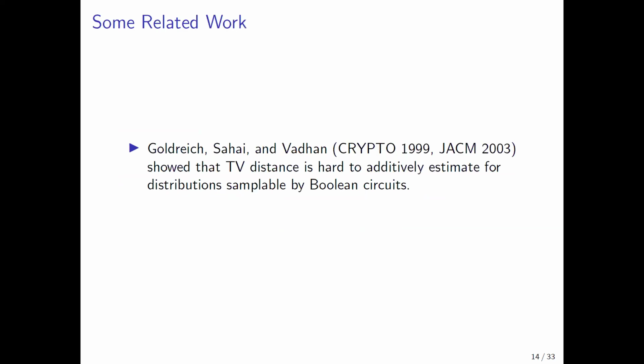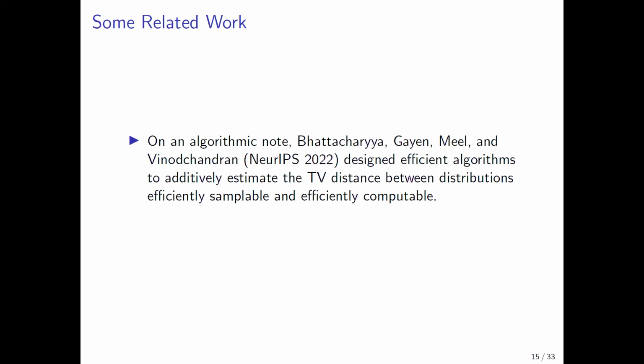Let us see some related papers. Goldreich, Sahai, and Vadhan showed that it is hard to additively estimate TV distance for distributions sampleable by Boolean circuits. Bhattacharyya, Gayen, Meel, and Vinodchandran designed efficient algorithms for estimating TV distance between distributions that are efficiently computable and sampleable.